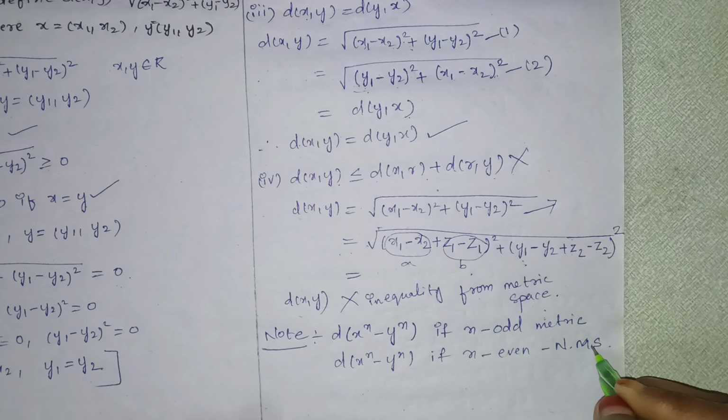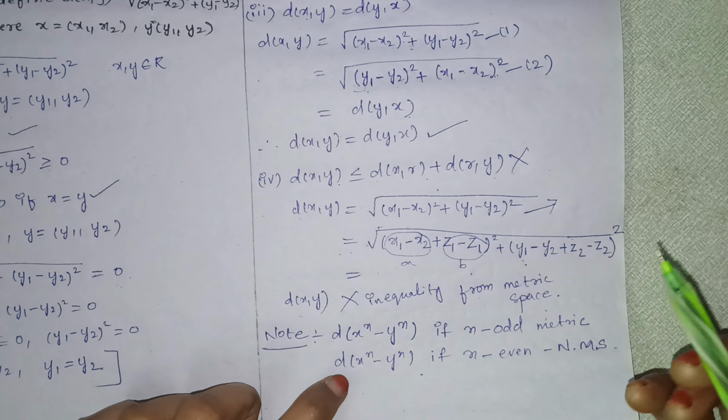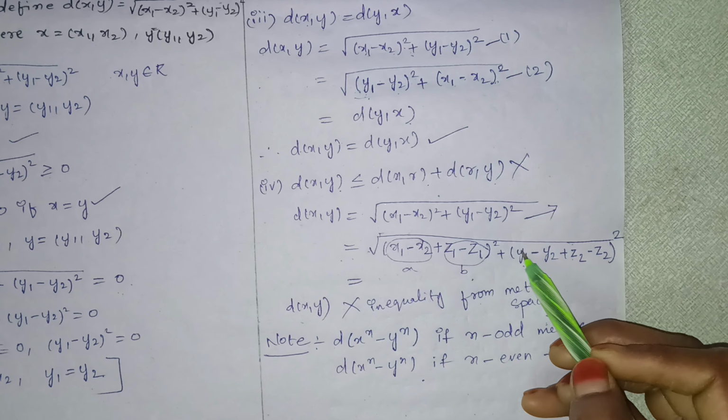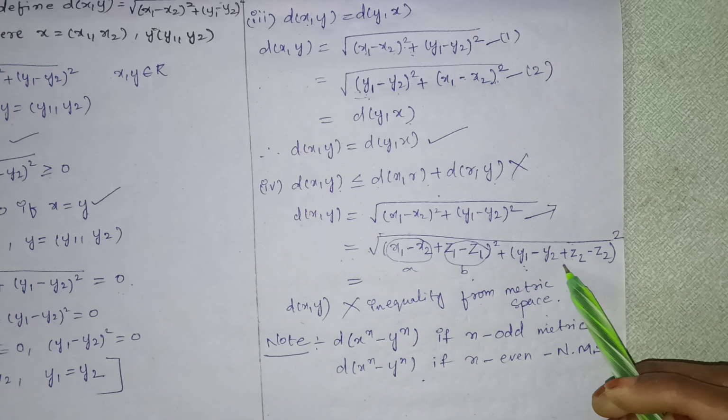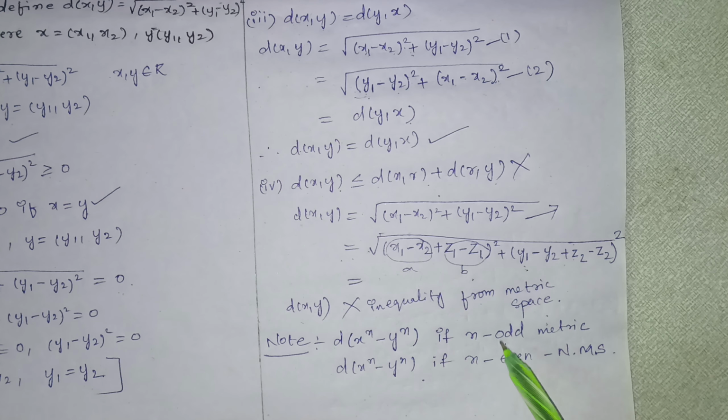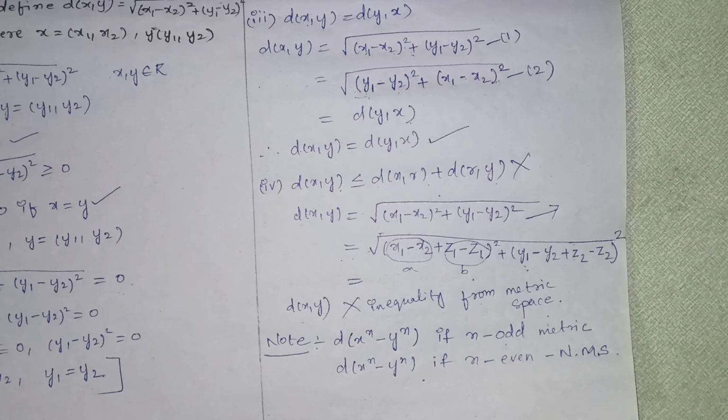Because this is the example: if it is even, we cannot divide this further and write it in the way of d of x comma r plus d of r comma y. If it is odd, we can easily write as before problems, because in the before problem, the power is 1, so we can easily divide it.